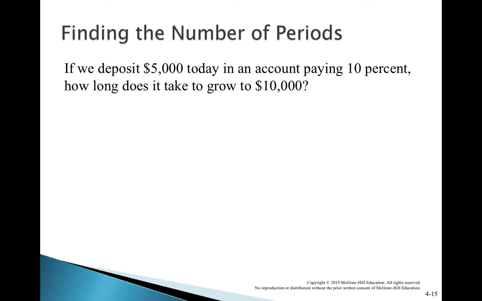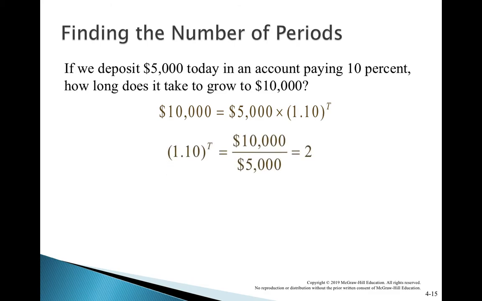Future value is equal to present value multiplied by 1 plus r to the power t. 10,000 is equal to 5,000 multiplied by 1.10 to the power t. Let us calculate t. 1.10 to the power t is equal to 10,000 divided by 5,000, which is 2.